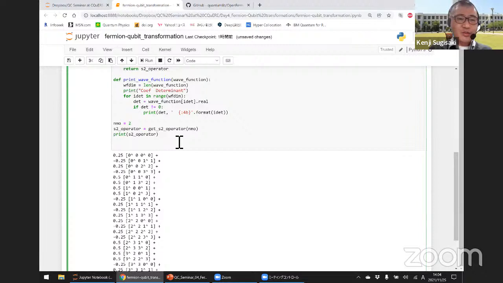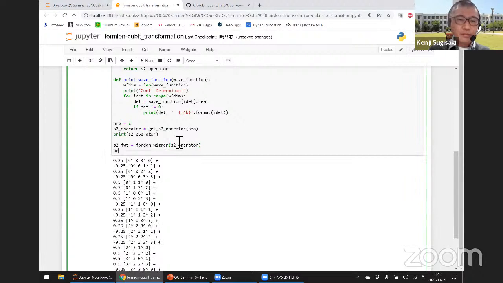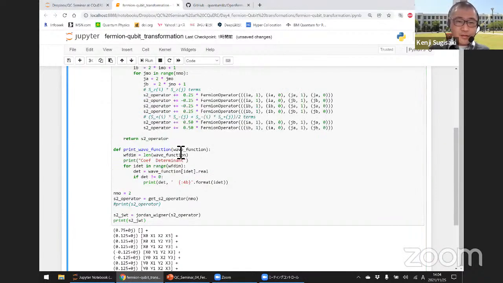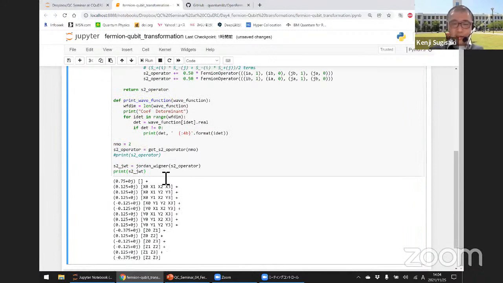And we will apply Jordan-Wigner. You can see that we can obtain the S-square operator in the Jordan-Wigner basis.